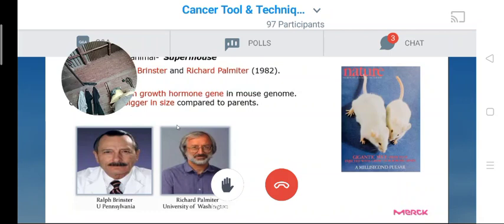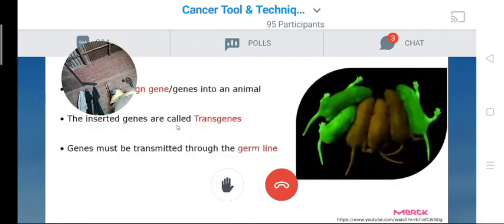Now, what is the concept behind creating this transgenic animal model? The concept is very simple. You have to insert a foreign gene, or your target gene. It could be a disease gene, right, into an animal. The inserted genes are called transgenes. These genes must be transmitted through the germline, right?